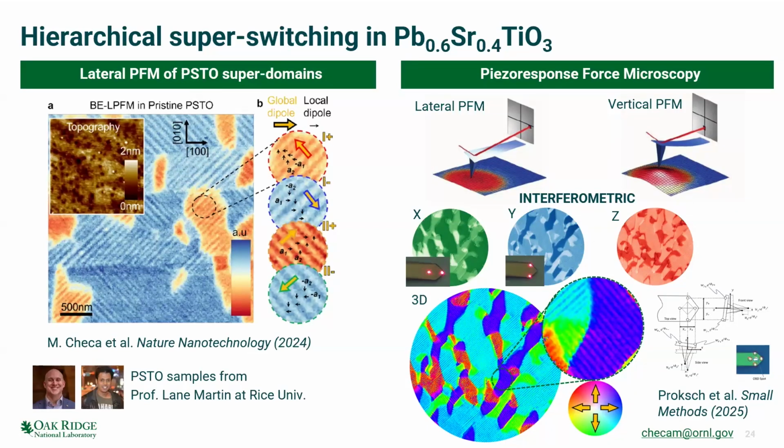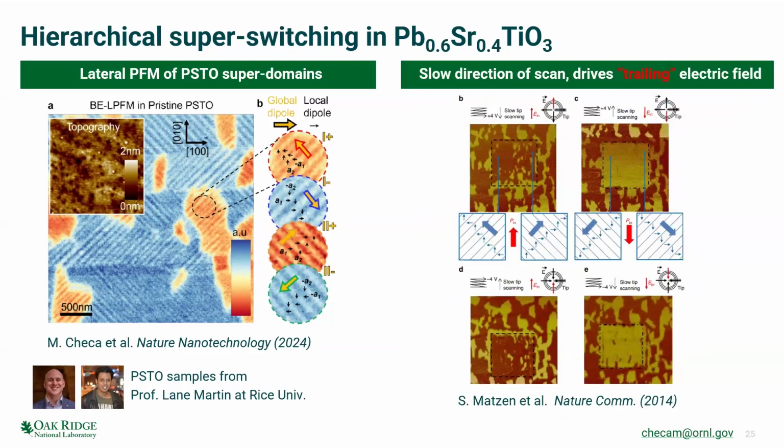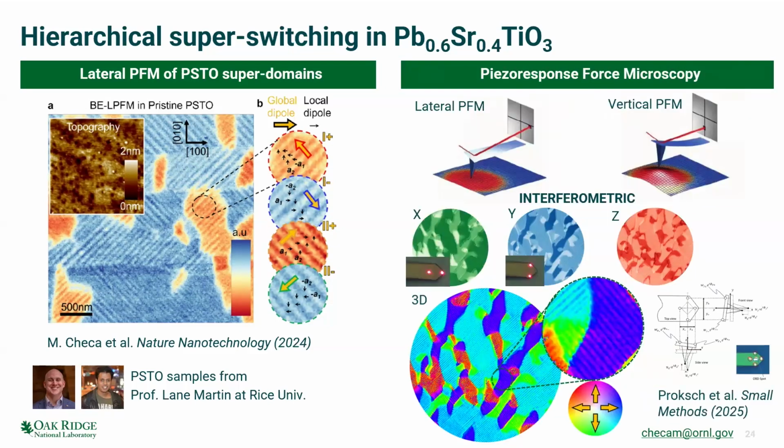So let's go back to the material system that I'll be showing you here. This is lead strontium titanate. The samples are from the group of Lane Martin. And with this concentration of strontium, the polarization here is in plane. So we have what are normally called superdomains, which are these arrays of A1, A2 domains that have the polarization in plane.